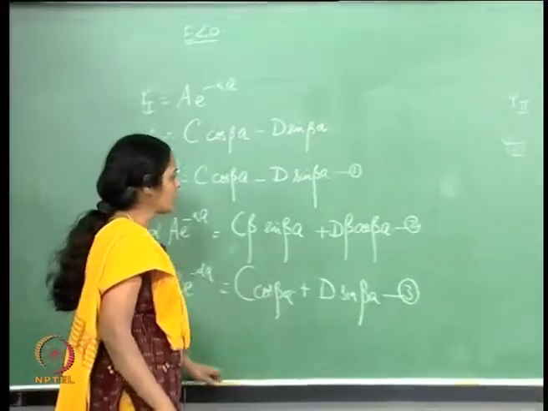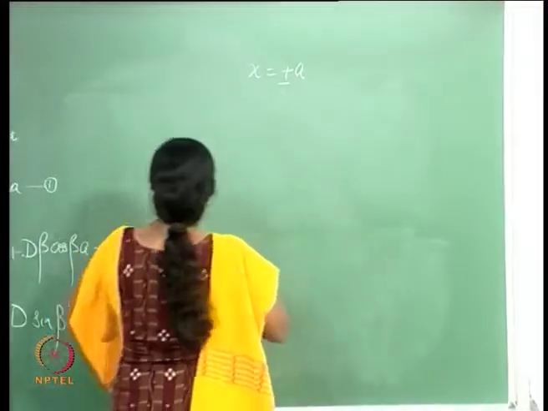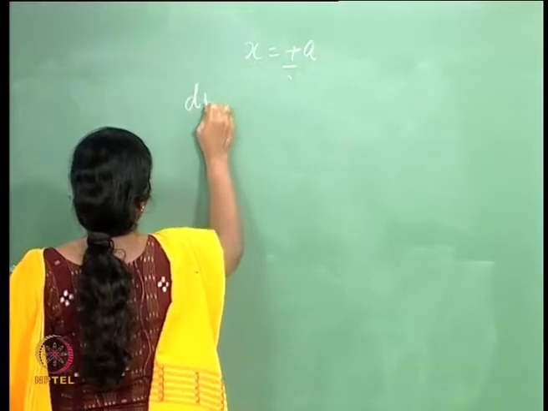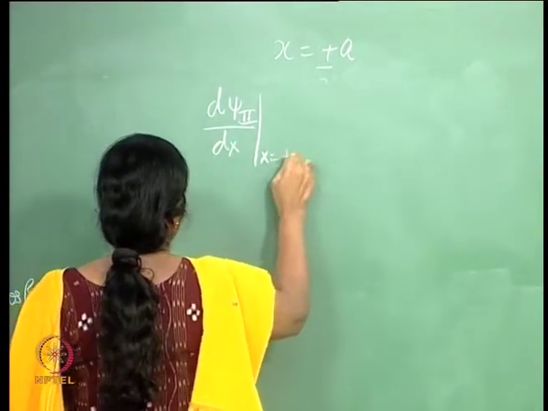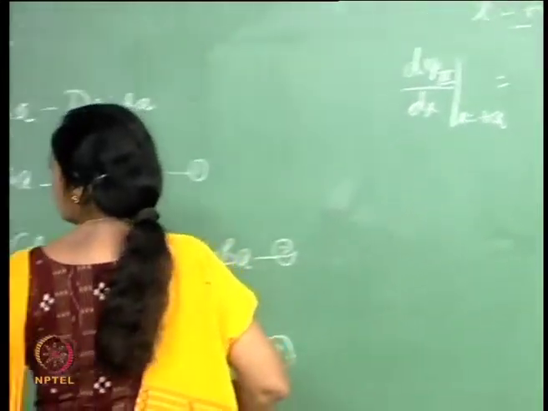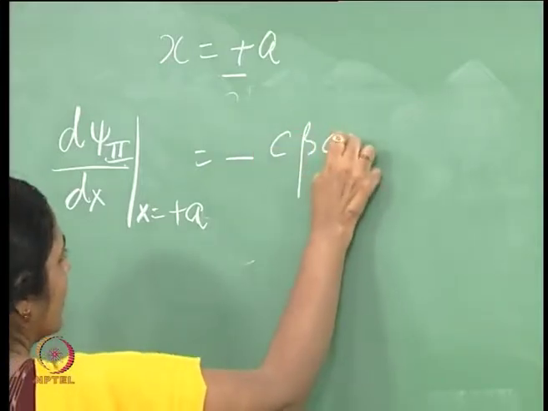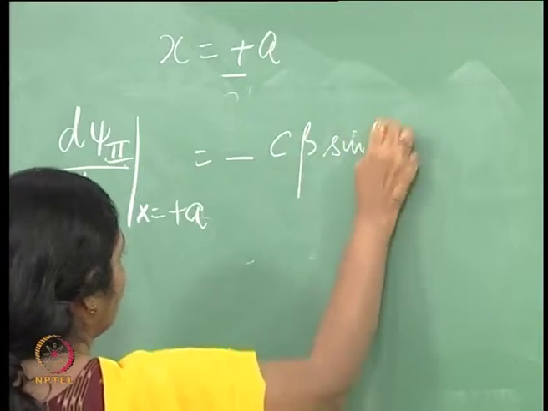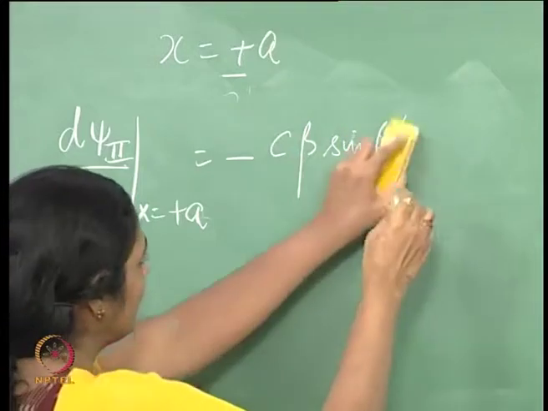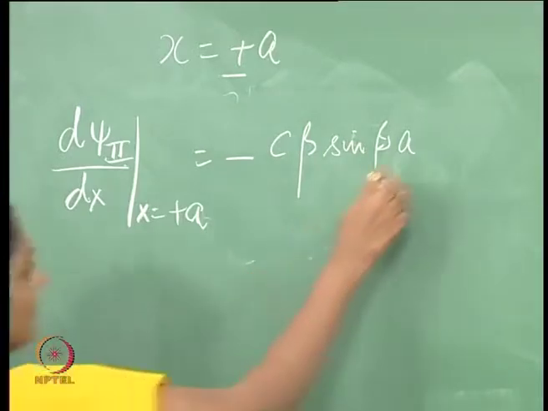Fourth equation comes out of matching the derivatives. So the derivative d psi 2 by dx at x equals plus a is what we want. So that is minus C beta sin beta a, that's the first term, plus D beta cos beta a.